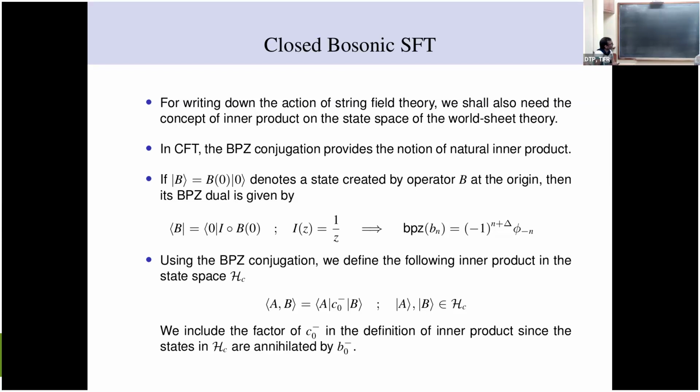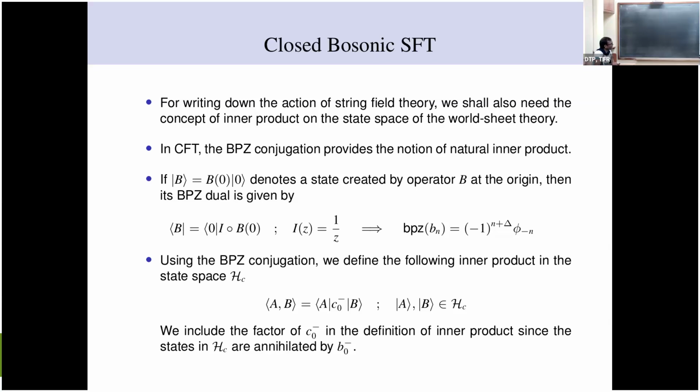Now, using this BPZ conjugation, we can define this inner product in the state space HC. So <A, B> denotes this BPZ inner product, and that is defined by insertion of c_0^- between these states.